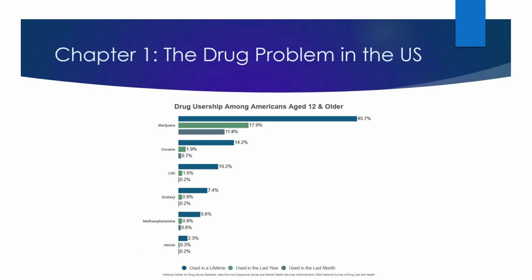Let's just introduce some of these numbers now. 7.4% ever tried, 0.9% last year, 0.2% last month. Meth, 5.6% ever tried, 0.9% last year, 0.6% past month. So again, seen as being a risky, dangerous and hardcore drug, fewer people trying it, especially more regularly. And heroin being the least common, 2.3% ever, 0.3% last year, 0.2% last month.